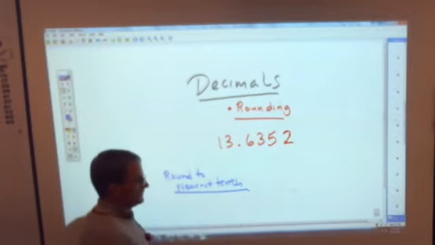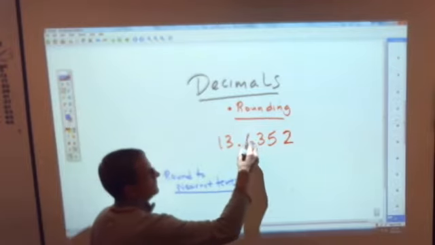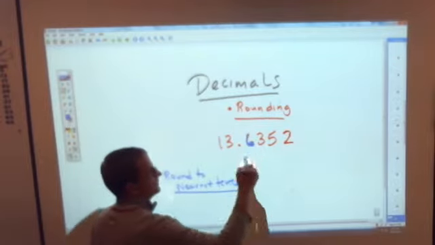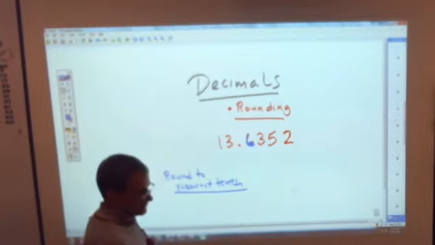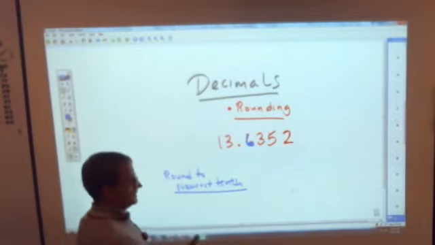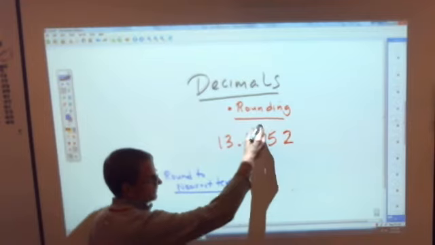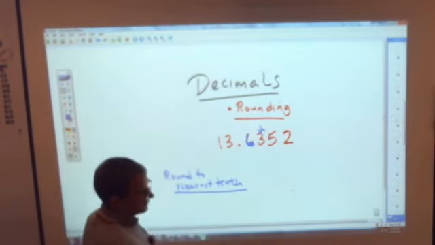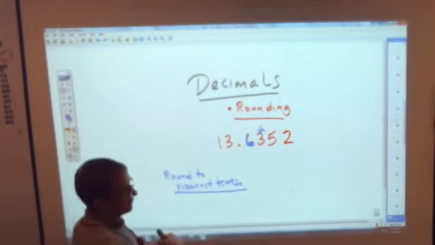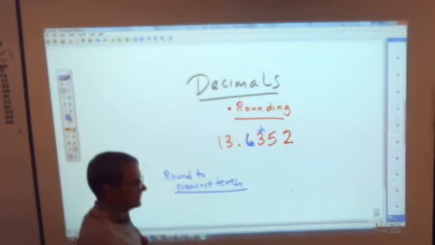What digit is in the tenths place? Sam? 6. So the 6 is either going to stay a 6 or it's going to become 7. And the thing that tells you that is the number next to it is 3. If that 3 is 5 or greater, it's going to go up to a 7.